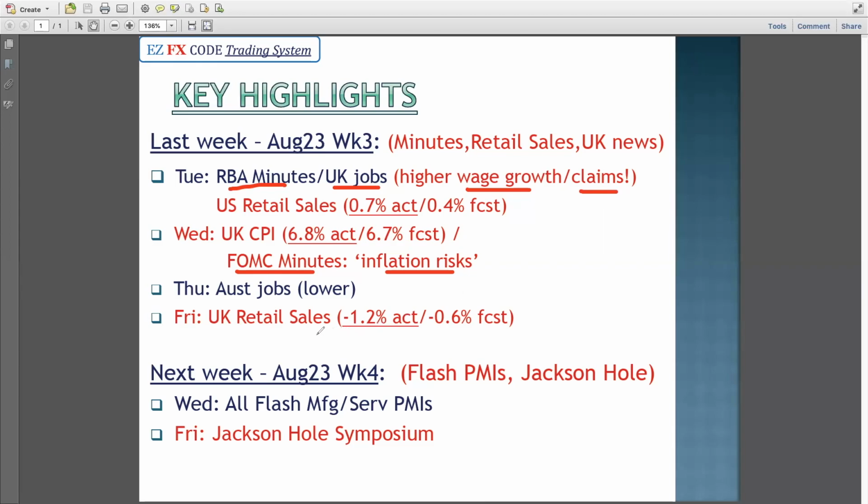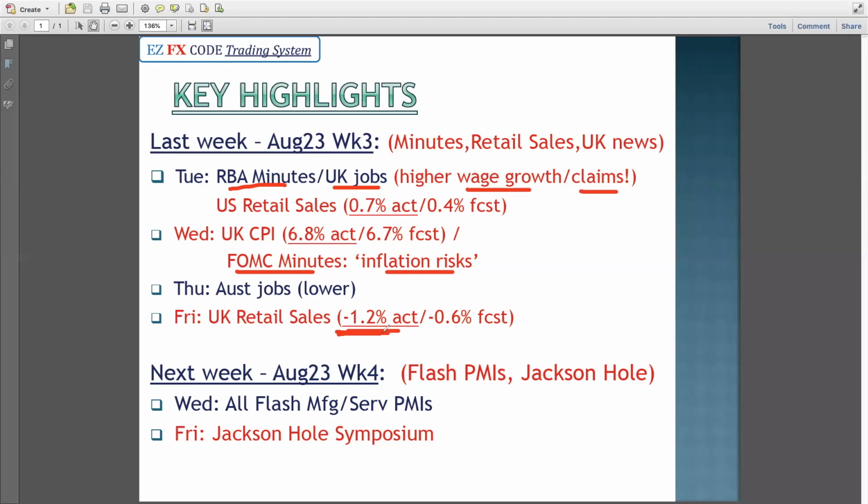And then also retail sales figures fell lower than expected. This is also a concern for the economy, but may temper and influence the Bank of England to hold interest rates, as it's not as strong as expected.